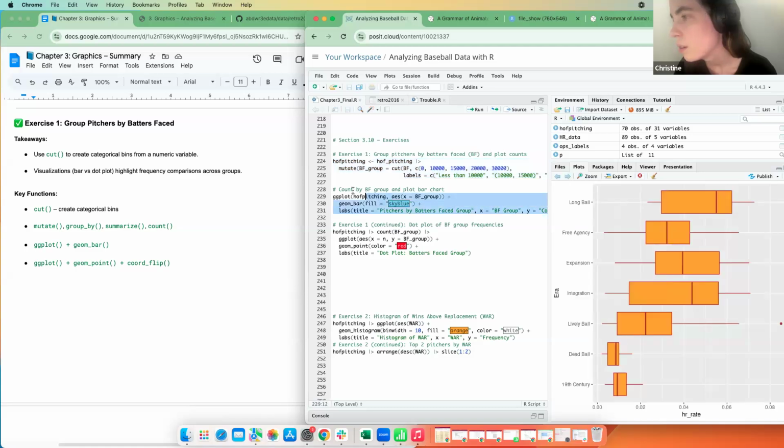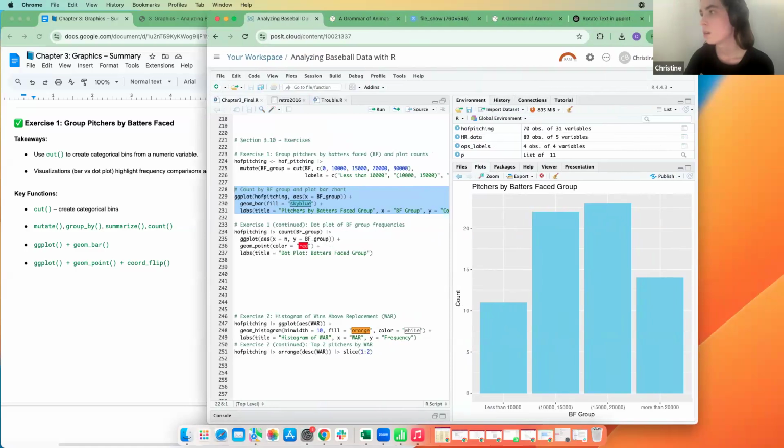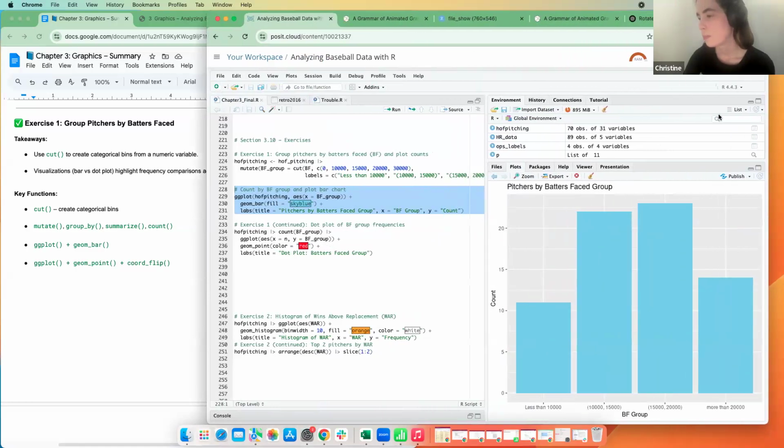Okay, and then see what comes out. Yeah, that's a lot of batters. Kind of a little bit of a normal curve.